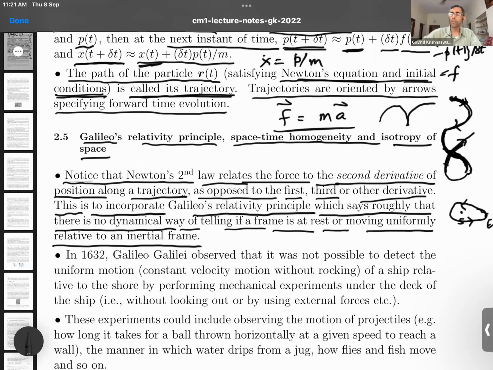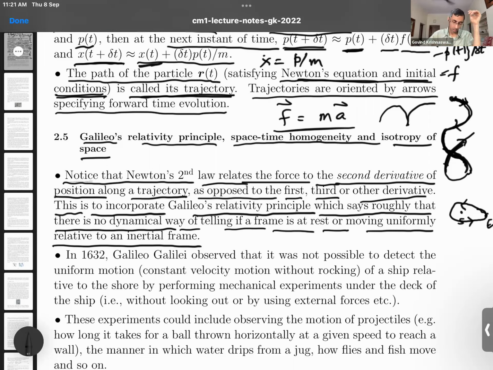So this is a very deep observation of Galileo. He is saying that if you know that one frame is inertial and you consider another frame that is moving uniformly relative to it, then there is no way to detect that uniform motion by doing local experiments in the two frames.